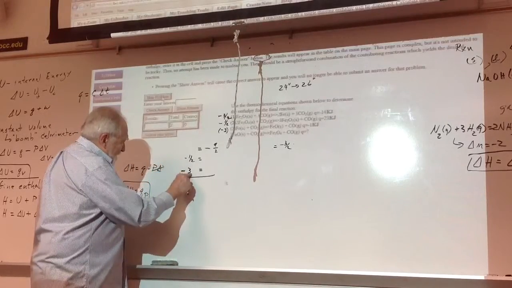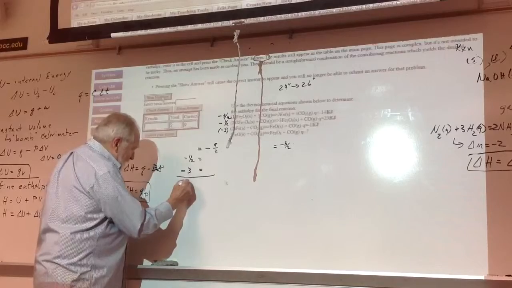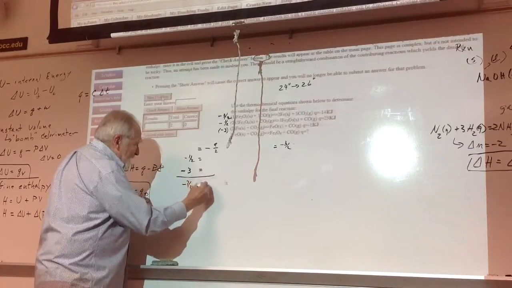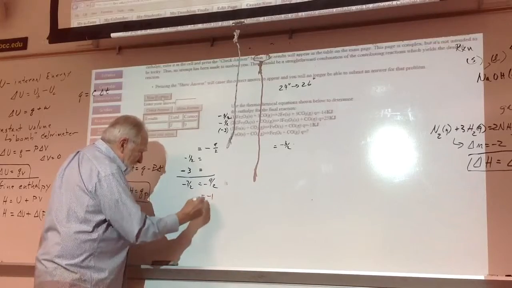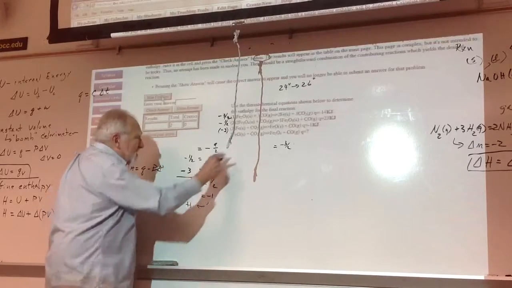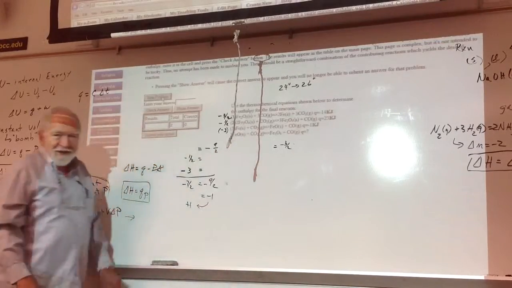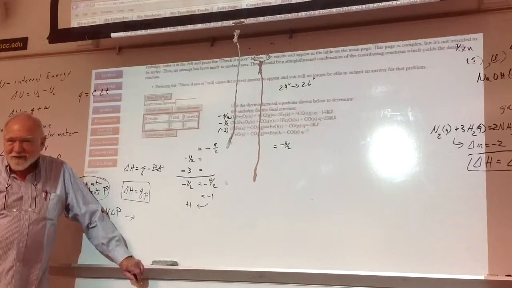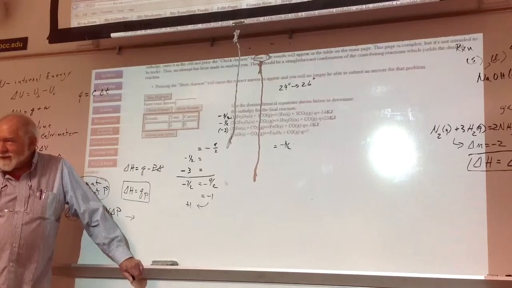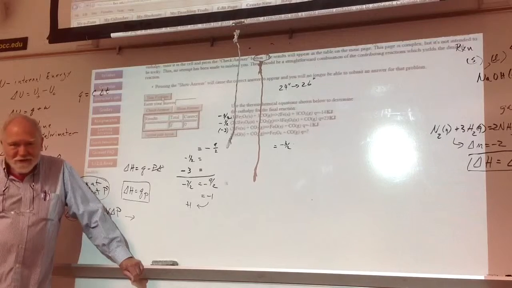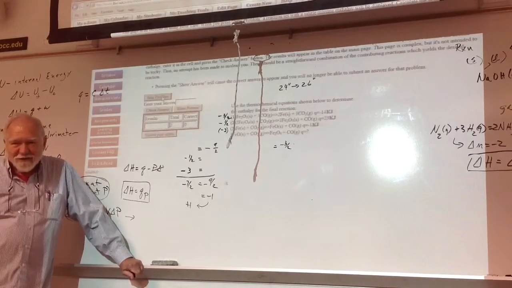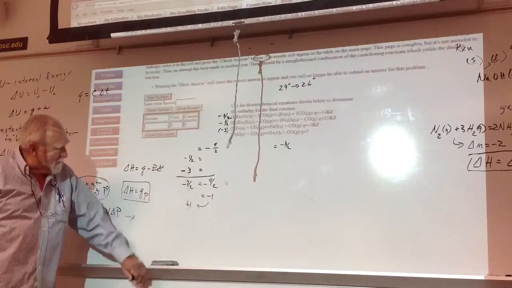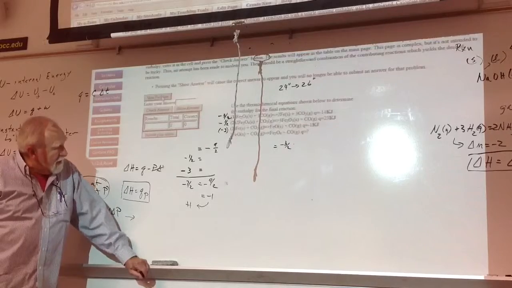This is 6 halves minus a half, so it's minus 7 halves here. On the other side I have minus 9 halves, which means I have minus 1. I bring it over here, plus 1. That's what my coefficient is. You don't have to do that unless you're not sure you got the right numbers when you worked it out. I just wanted to show you that it worked if I played with it long enough. I was sure I got the right numbers the first time around, so that's why I knew I made a mistake here somewhere. Okay?